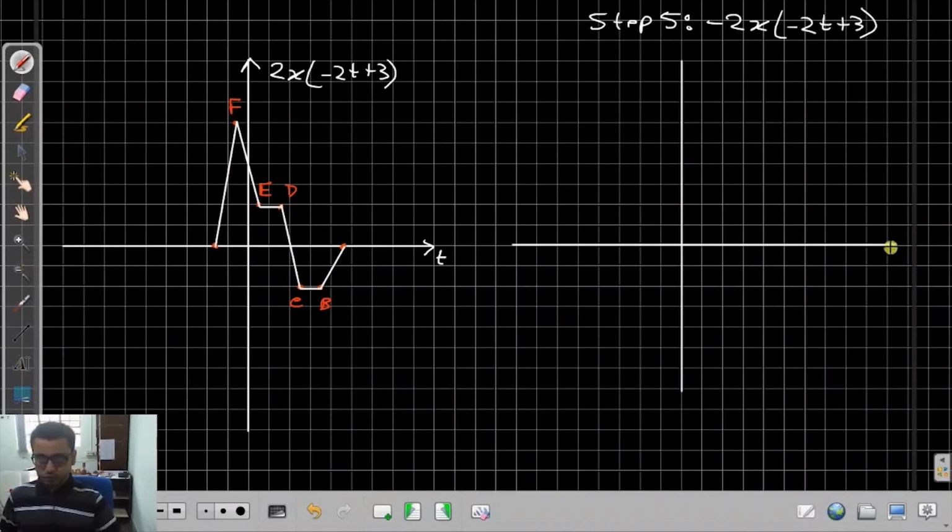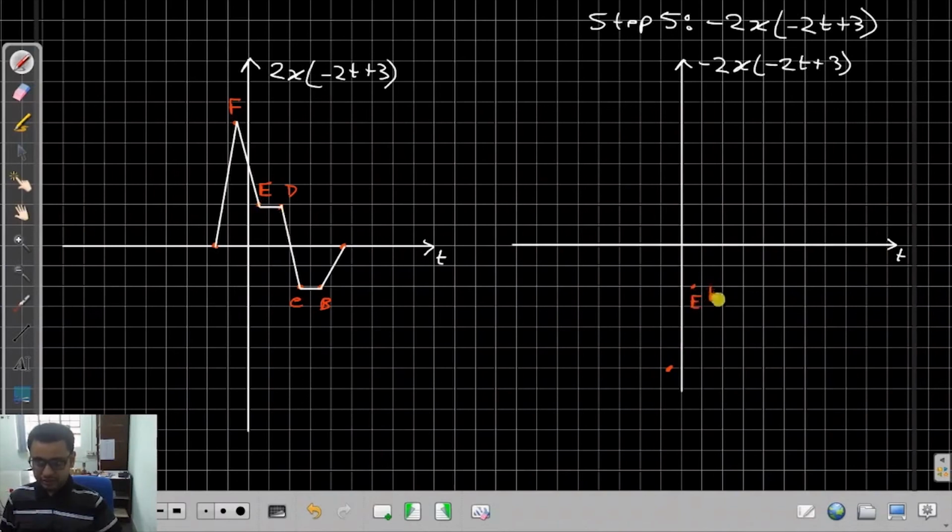Okay, so this will cause the signal to flip vertically because of this minus sign. Point F, which is at plus 6 height, will now come to 1, 2, 3, 4, 5, 6, minus 6. Point E will go to minus 2.